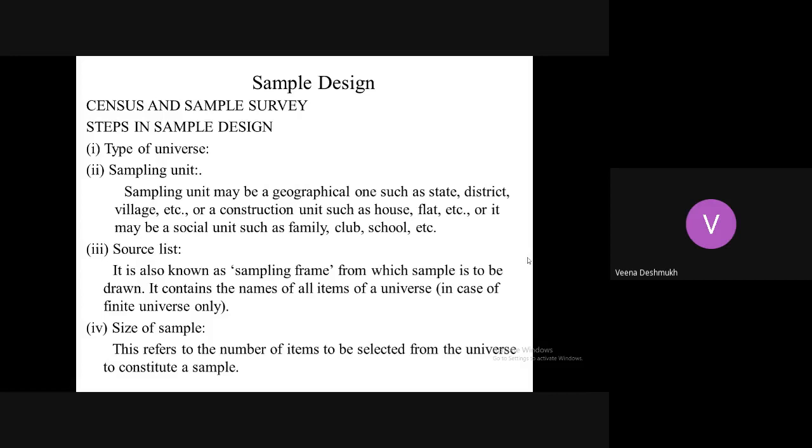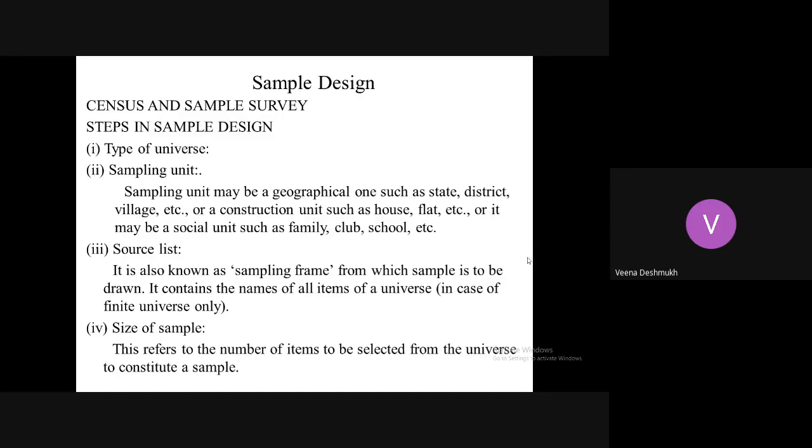When you want to know how many people are vaccinated, or the percentage of people vaccinated, and after effects of that, or the impact of the current second wave, under such cases you have to concentrate on the people who have already taken both doses of the vaccine. Only then you get the relevant information. So the type of universe you choose is very, very important.